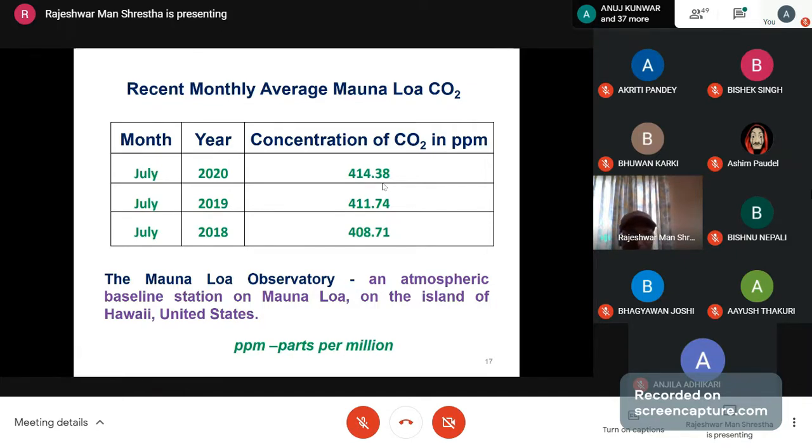And carbon dioxide is released by human activity, by different industries, vehicles running, and thermal power plants. But the number of plants goes on decreasing on the earth.